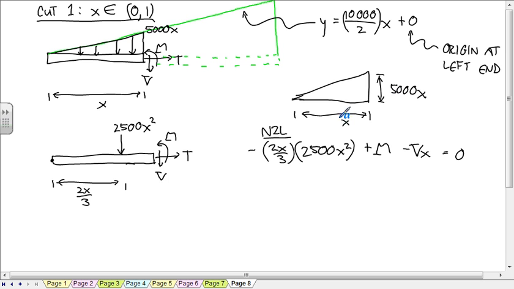So it's 5,000x times x divided by 2 to get the area. Oh, yes, I got just so excited about doing that one because it's so complicated.